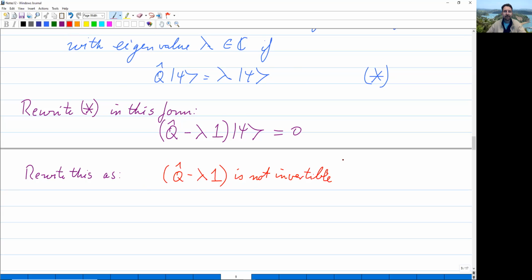You see how that's the same? Up here, we have psi is an eigenvector and lambda is the eigenvalue.